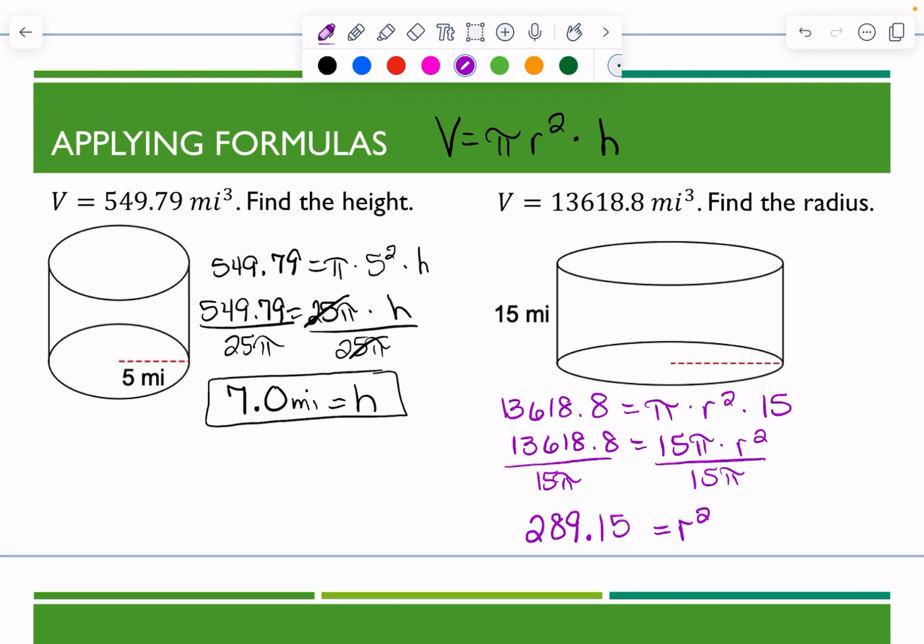Then we're going to take the square root of that. So take the square root of 289.15, and we end up with a radius of 17.0 miles. And that's how we would go about finding that. Okay, that would find our radius for us there.